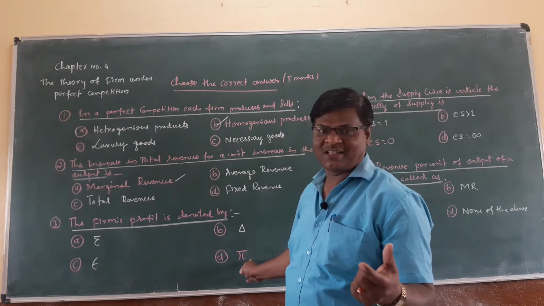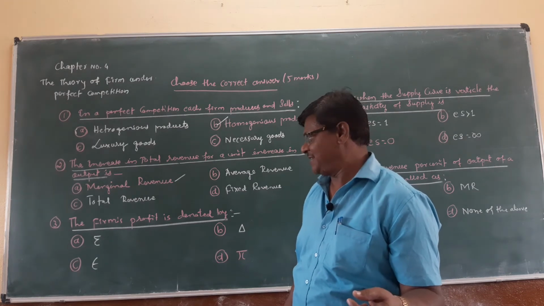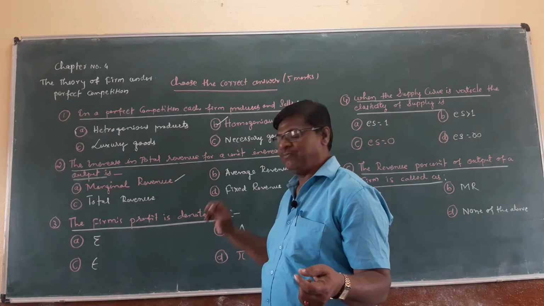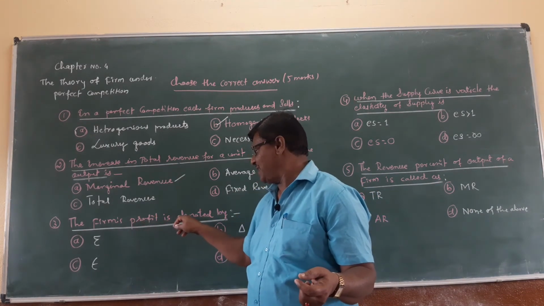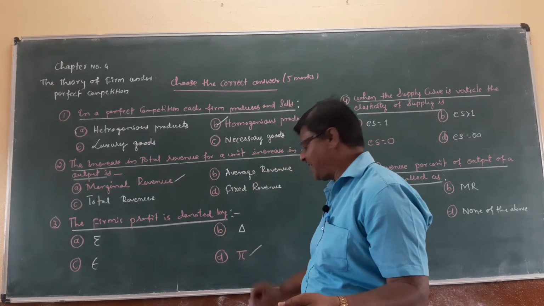Which answer is right among the four options? The answer is, the firm's profit is denoted by option D, the right answer.